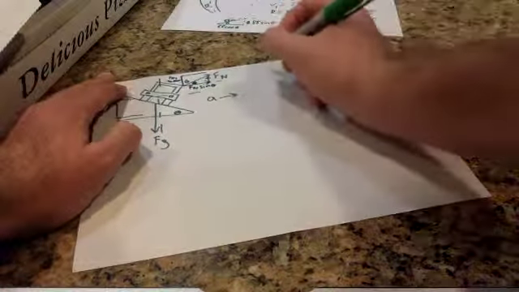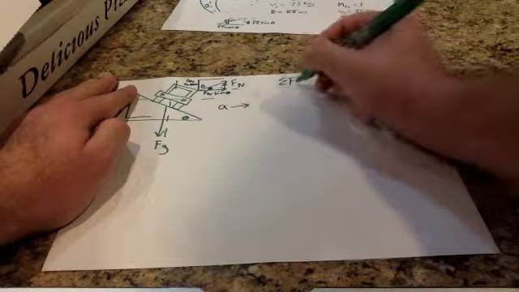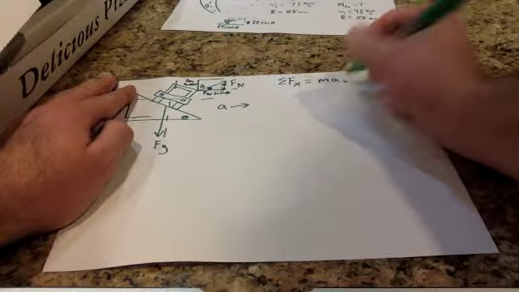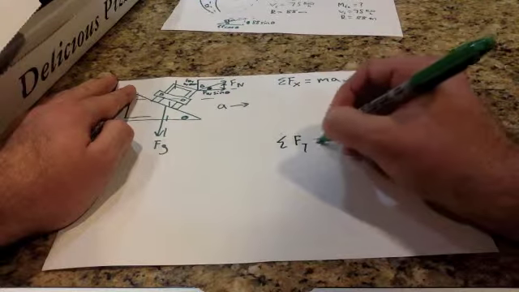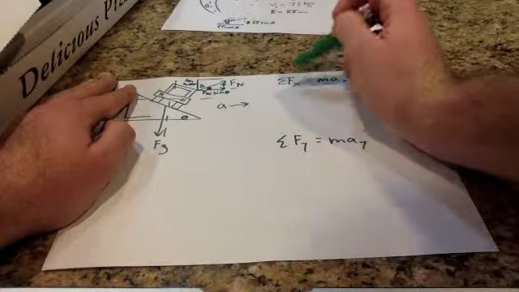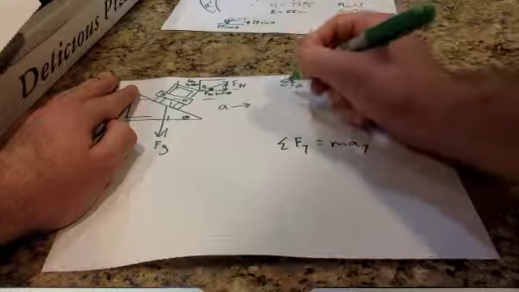So therefore, we can write Newton's second law right now, which is the net force on the x-axis equals mass times acceleration, and the net force on the y-axis equals mass times acceleration of the y. So on the x-axis, our only force is the x component of the normal force.